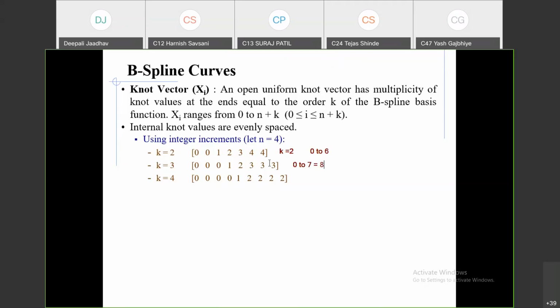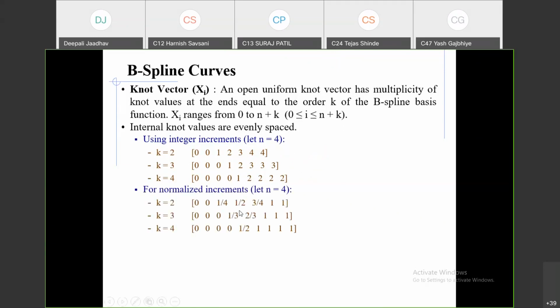Here k is equal to 4, so it is from 0 to 8, meaning 9 knot values. This is integer; floating point is also possible, so normalize the increments. Again, if k is equal to 2, there are 7 values in total with n equal to 4. If k is equal to 3, there are 8 knot values. If k is equal to 4, there are 9 knot values.